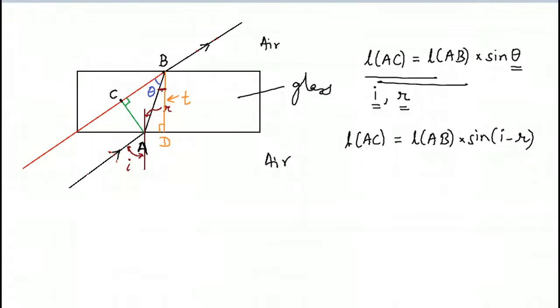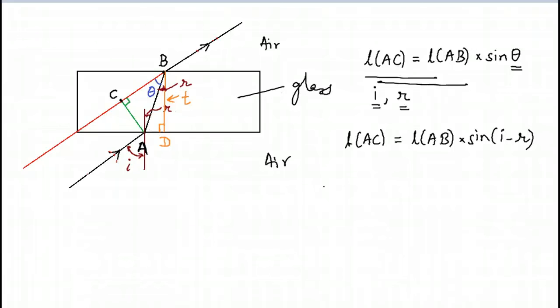Now clearly this angle is going to be equal to R itself, this R. Once again, these are two parallel lines, and these two angles which I just talked about will be alternate angles. So this means that this particular angle is nothing but R. And now it's quite easy.